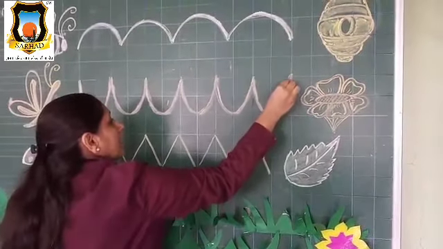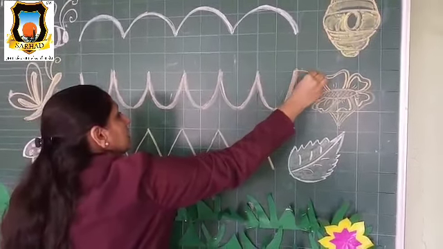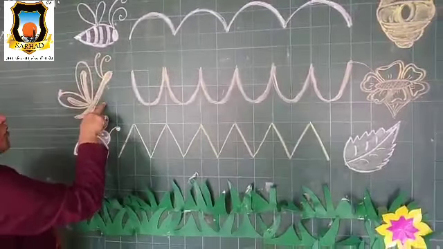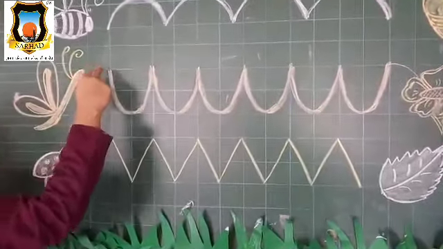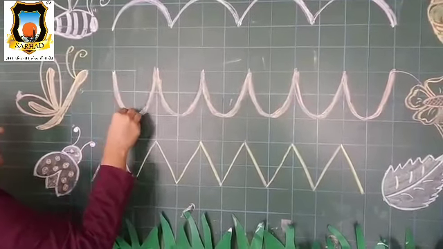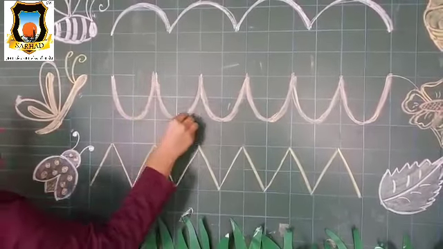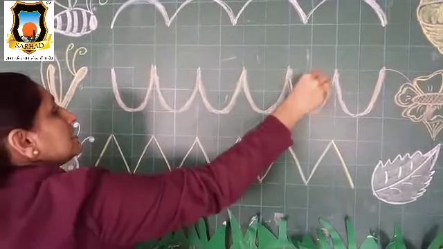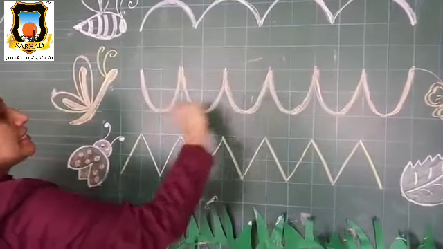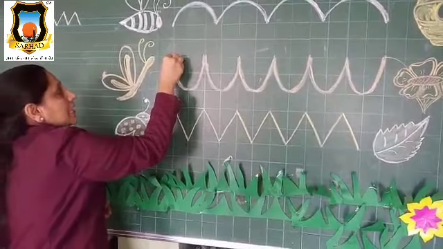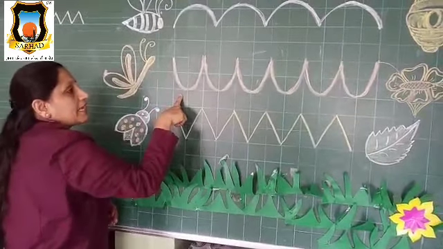Again down and up and sit on that flower. So the butterfly flies like a bumpety line. So this line is called bumpety line.